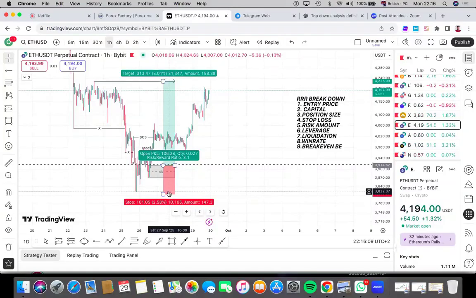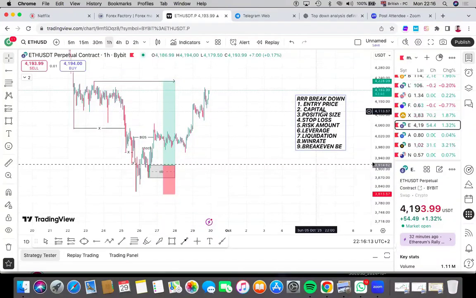But when it comes to your capital, in your business you should have your capital. So let's say, for example, your capital is $100. You should have a risk amount. From that risk amount is where you calculate your position size. And the last time I also showed you how you can do your position size, a simple way you can calculate the amount that you have to buy.